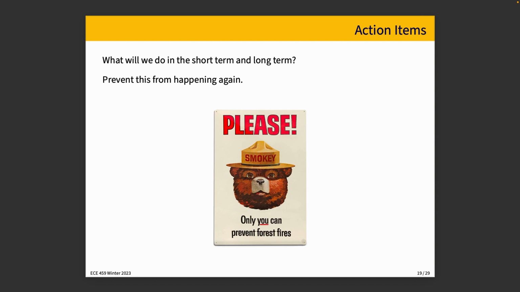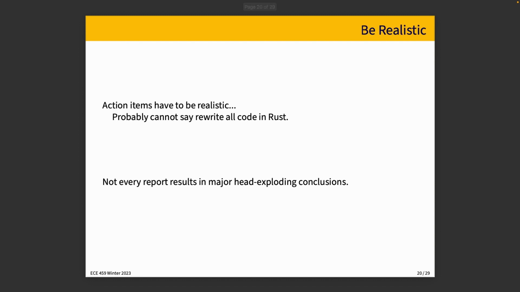We have some test bench deployment stage that catches performance problems before they go to production. As Smokey the Bear says, only you can prevent forest fires. You need to take the steps that are necessary to prevent this problem from happening again, and action items are those steps. But they have to be realistic.